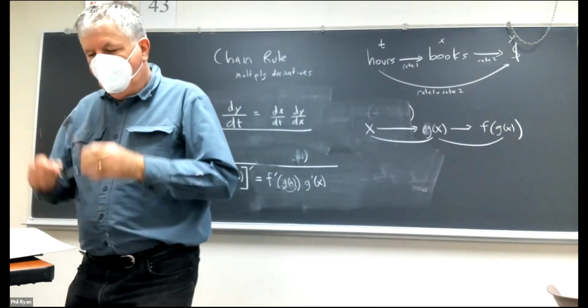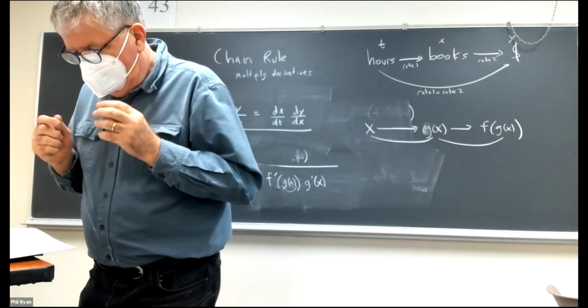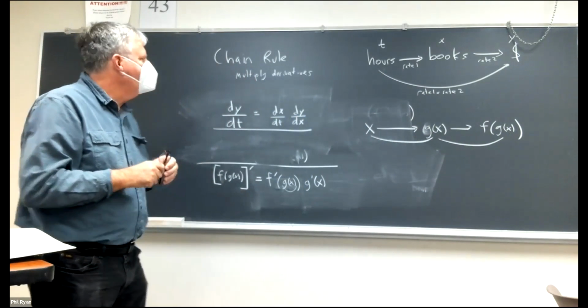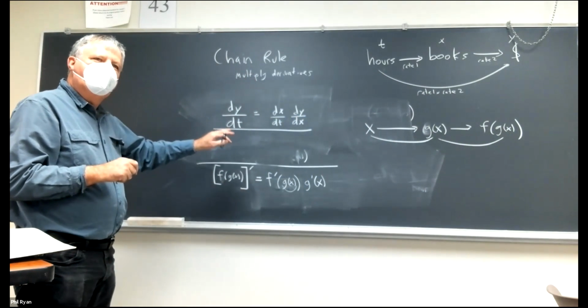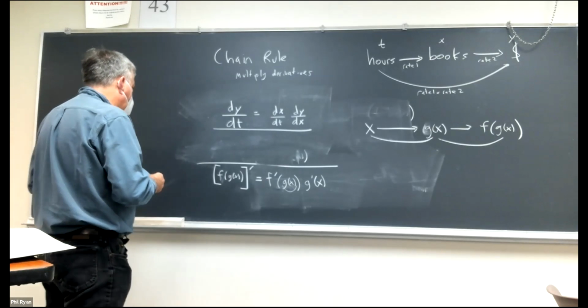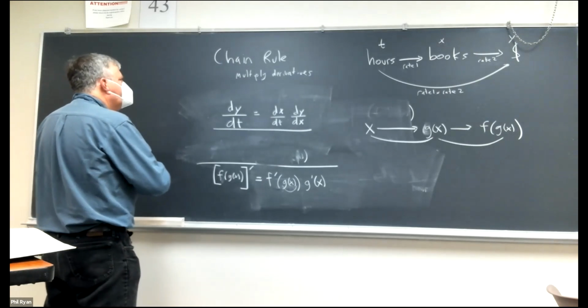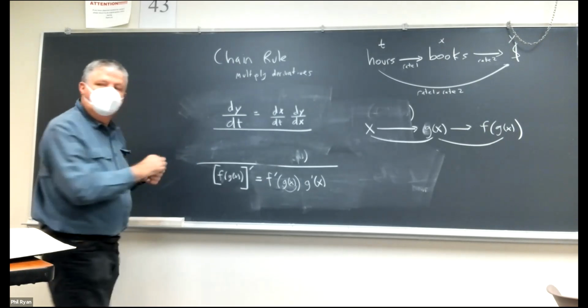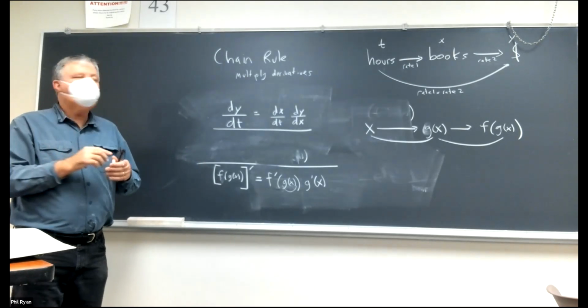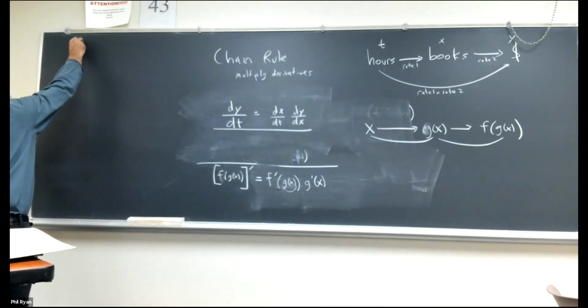Okay. So now that I've nicely confused you, we'll do some examples and that will unconfuse you. Okay, so let's write this down. Let me try and be organized, so the people at home can follow this.